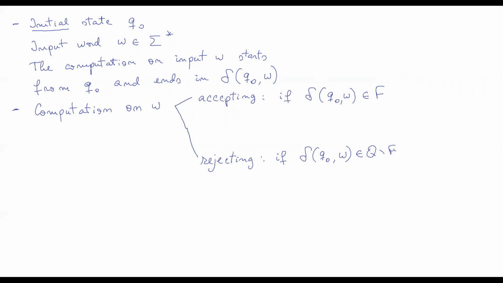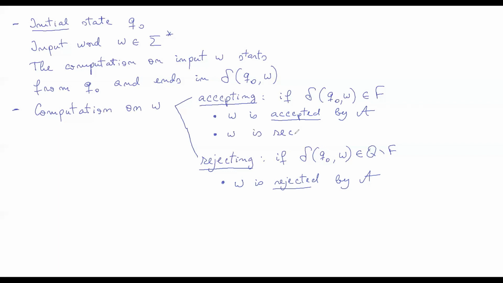And so in this case, this is the keyword here, accepting and rejecting. In this case, we also say that W is accepted by the automaton A. And obviously in this case, we say that W is rejected by the automaton A. And we also say that W is recognized.